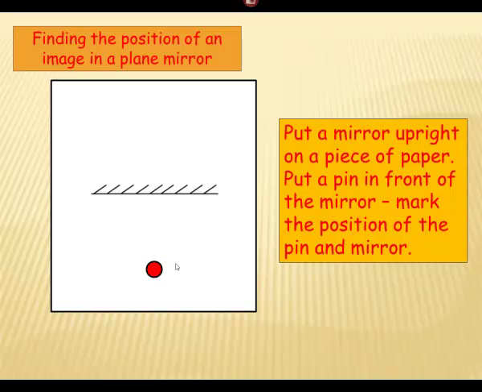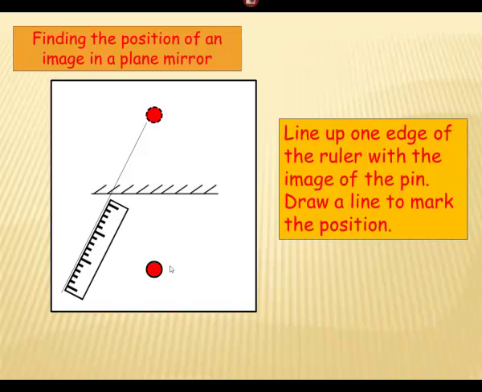Then we have to get down at the same level as the mirror. Use a ruler like a little guide or a little target. You look along the edge of this ruler so you can see the image of the pin. You can see over here the image of the pin. Look along the edge, and you draw a line to mark the position.